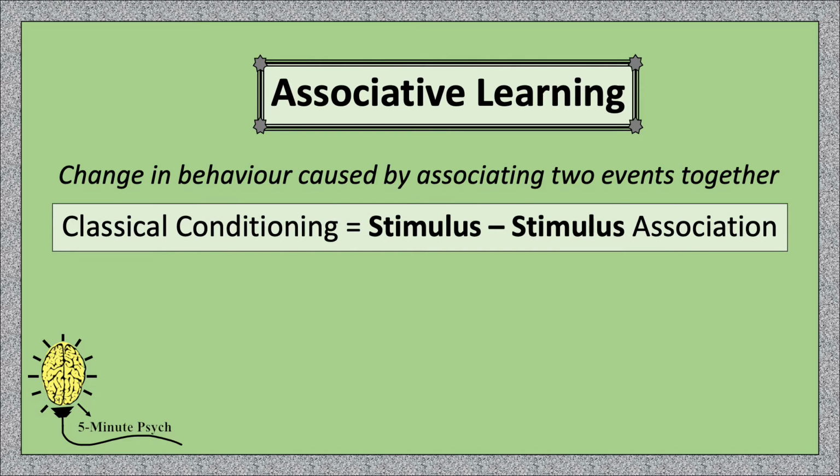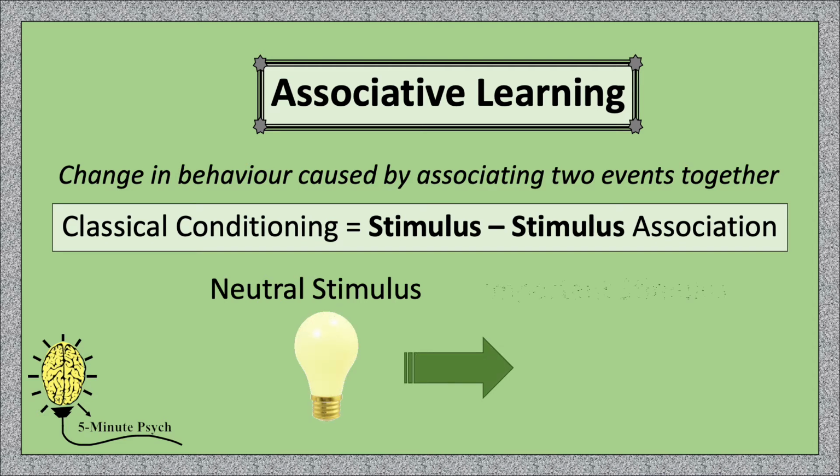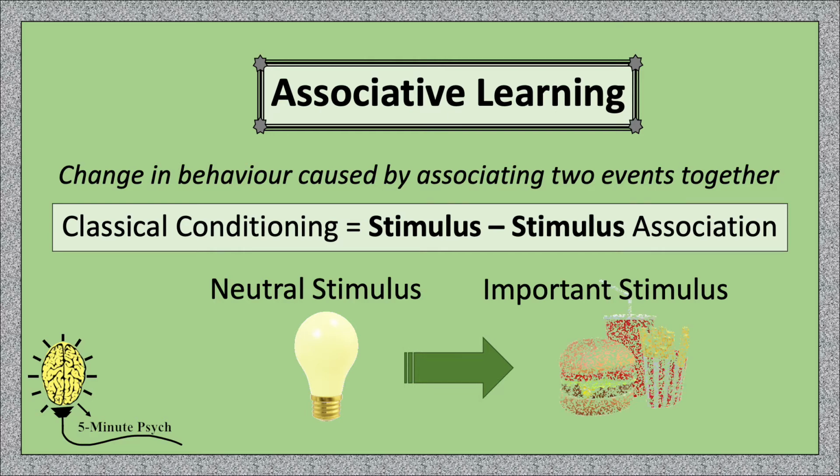With classical conditioning, two stimuli or things are associated with each other because one stimulus, a neutral one, like a light or a tone, reliably predicts the arrival of an important stimulus, like food or shock. So at first, the light might mean nothing, but if it always turned on a few seconds before a big serving of food arrived, then the light and food can become associated through classical conditioning.